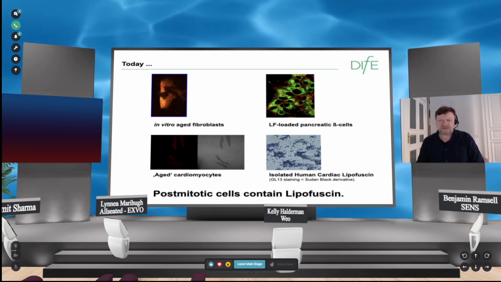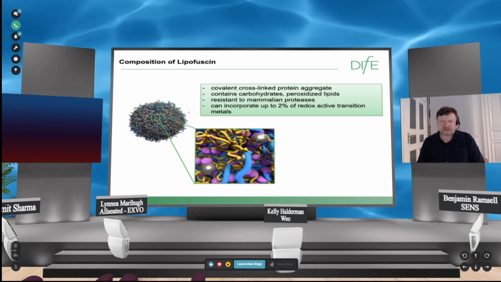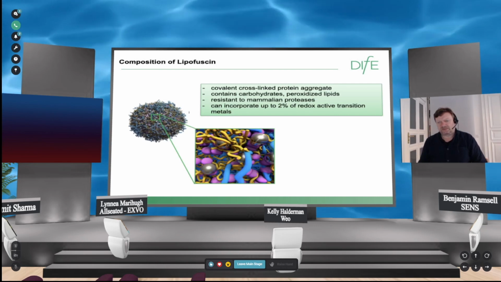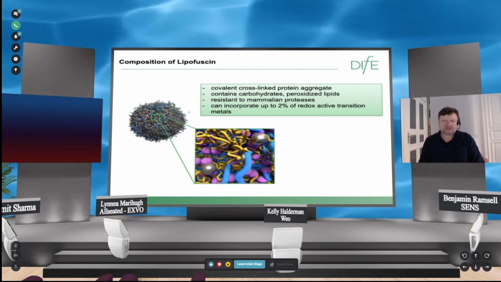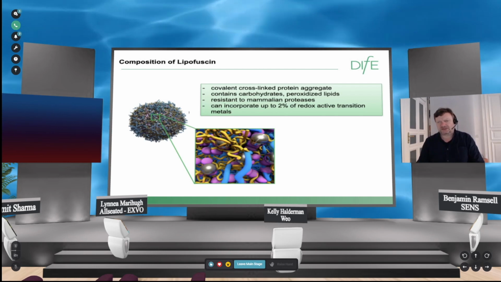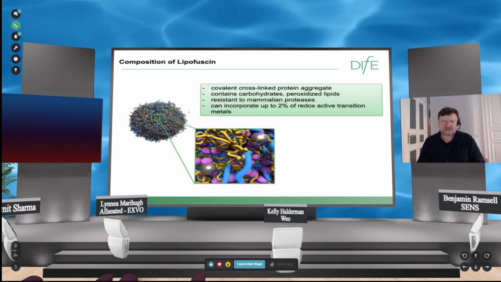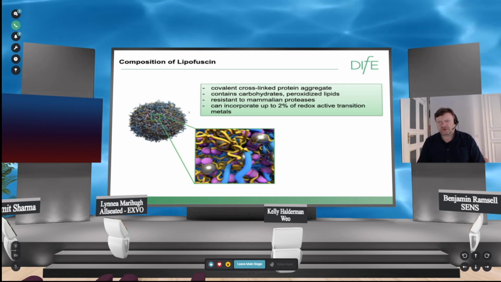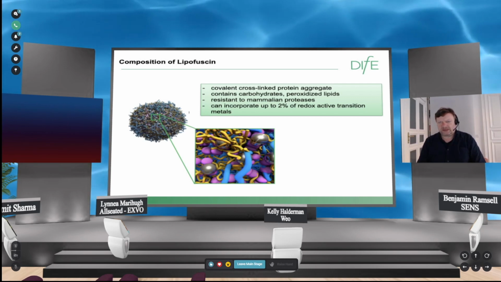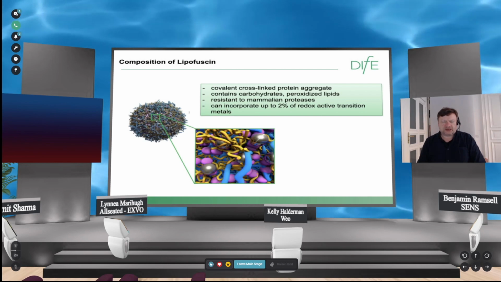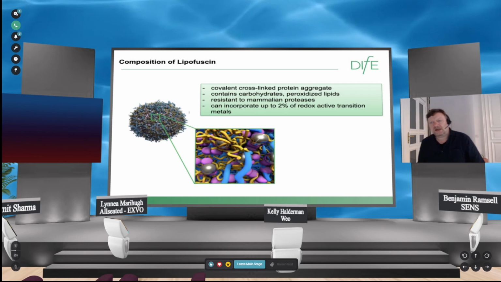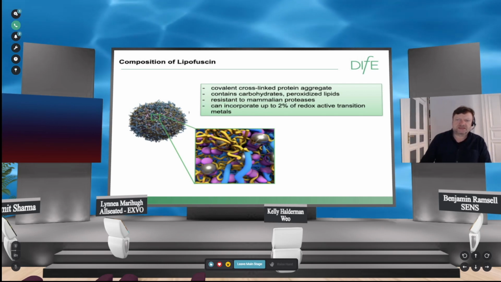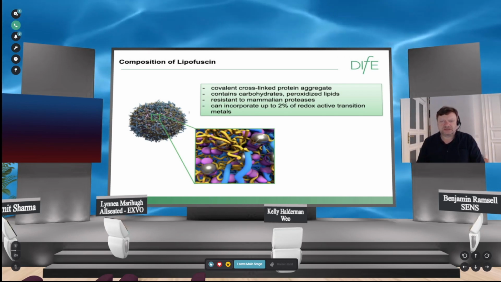In contrast to other protein aggregates, lipofuscin is not an amyloid-like ordered structure, like the paired helical filaments you just heard about, or the A-beta structures of the brain. It is a random coiled protein aggregate, heavily cross-linked, which might be due to oxidation or to Maillard reactions. Peroxidized lipids cross-link these proteins.